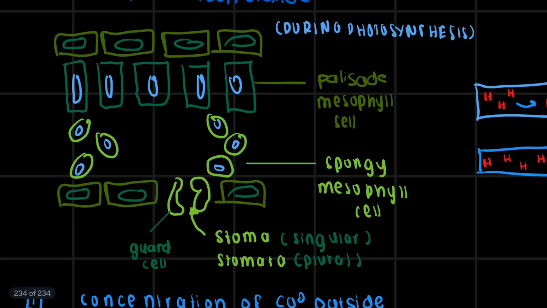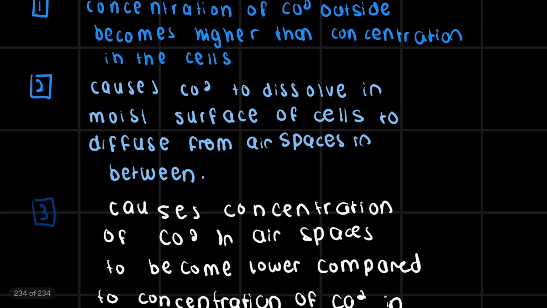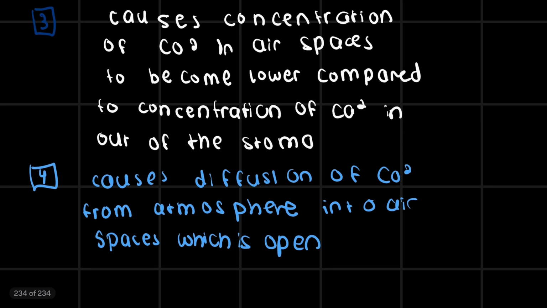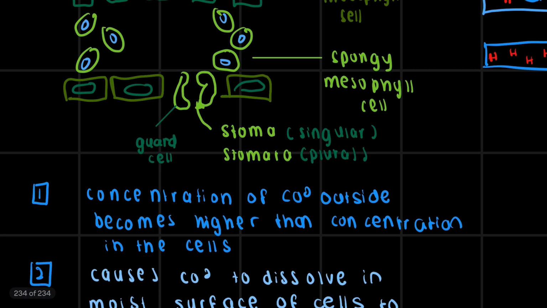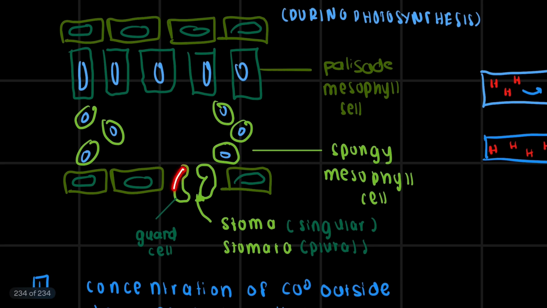So now there's carbon dioxide here outside the stoma, and in the stoma there's less carbon dioxide. So therefore it causes diffusion of carbon dioxide from the atmosphere into the air spaces, which is open. So the stoma will open, and it will allow the carbon dioxide to go through so that it can carry out the process of photosynthesis.